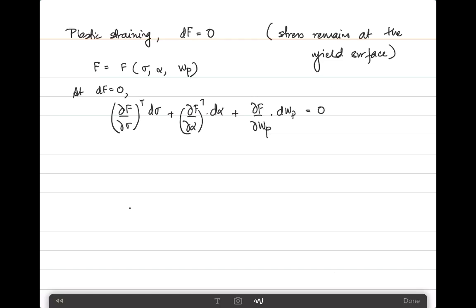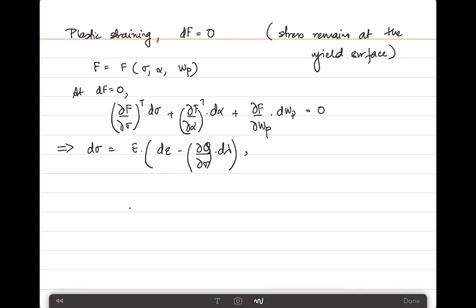to 0. Now if we substitute the definitions for the flow rule, the isotropic hardening and the kinematic hardening into this equation, I'm not going to go through all the details, but you would get d sigma equal to E times the total strain increment minus the flow rule behavior, ∂Q/∂sigma, times the plastic multiplier.